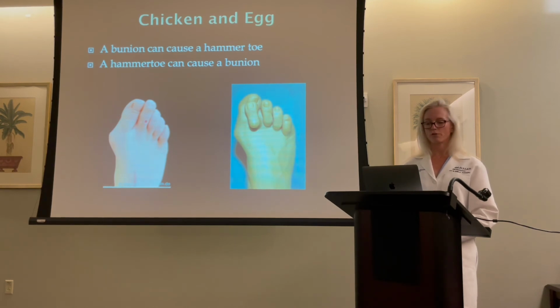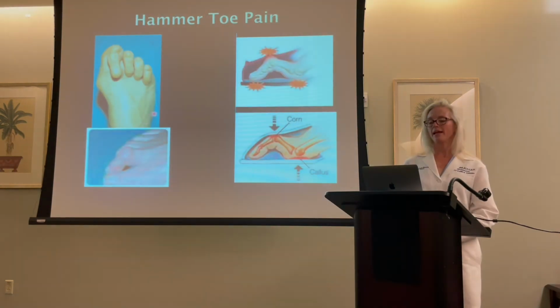Alternatively, if a hammertoe occurs first, then the big toe can come under it, filling a vacuum. Nature hates a vacuum. Hammertoes can hurt where they hit the bottom of the shoe, where they hit the top of the shoe, or where that painful joint in the ball of the forefoot hits the shoe or the floor as well.